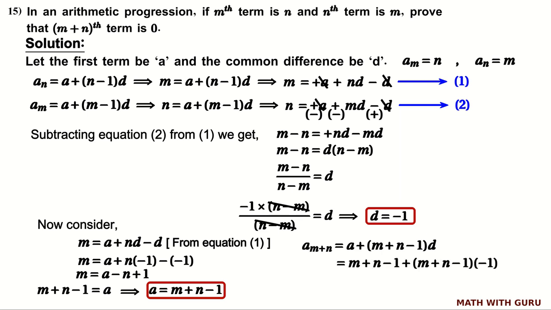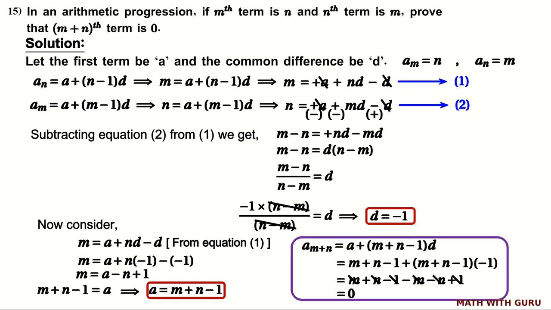M plus n minus 1 plus m plus n minus 1 into minus 1, m plus n minus 1 minus m minus n plus 1. M and minus m get cancelled, plus n minus n get cancelled, minus 1 plus 1 gets cancelled, equals 0. Therefore, a m plus n equals 0.